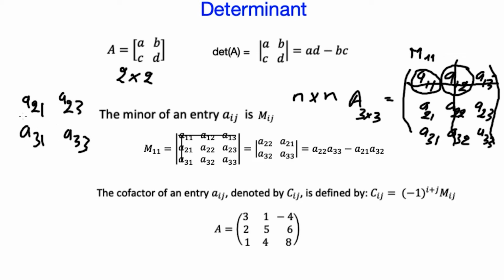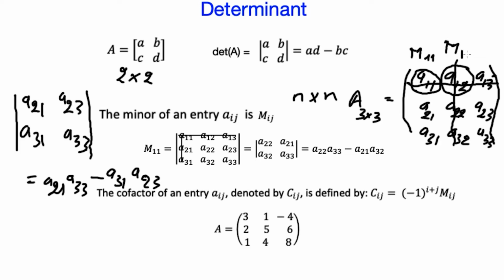We need to compute the determinant of this 2 by 2 matrix, which is A21 times A33 minus A31 times A23. In this case, we get the M12.